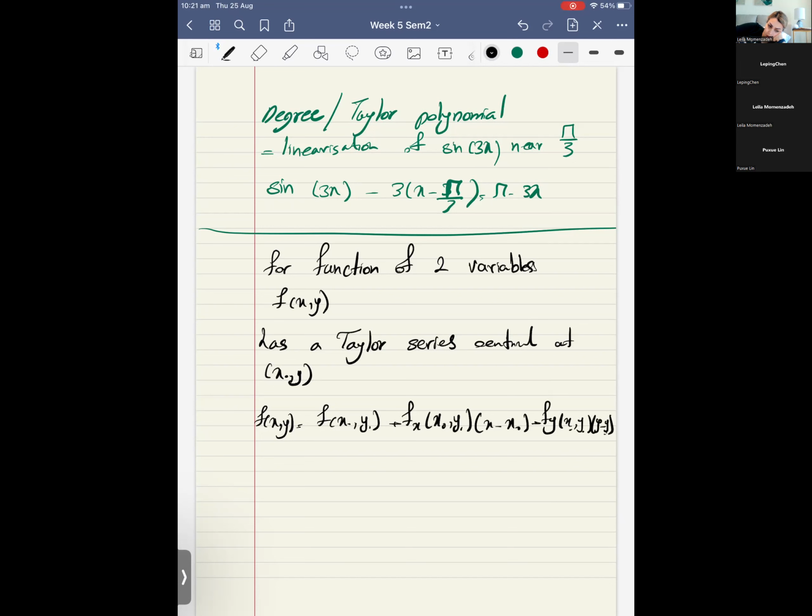You had this one before, and also you can add this one with the Taylor series.